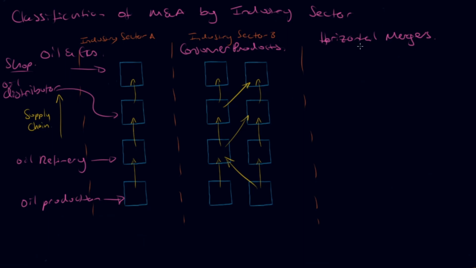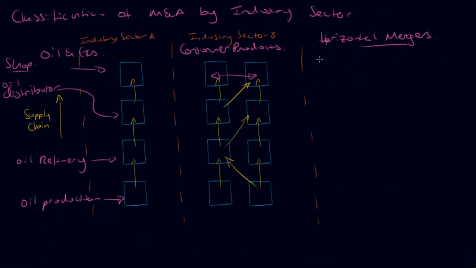So let's talk about horizontal mergers. I've drawn the diagram in this orientation so that I could go with the convention of this terminology. A horizontal merger, I'll draw using horizontal arrows. That's a horizontal merger there.